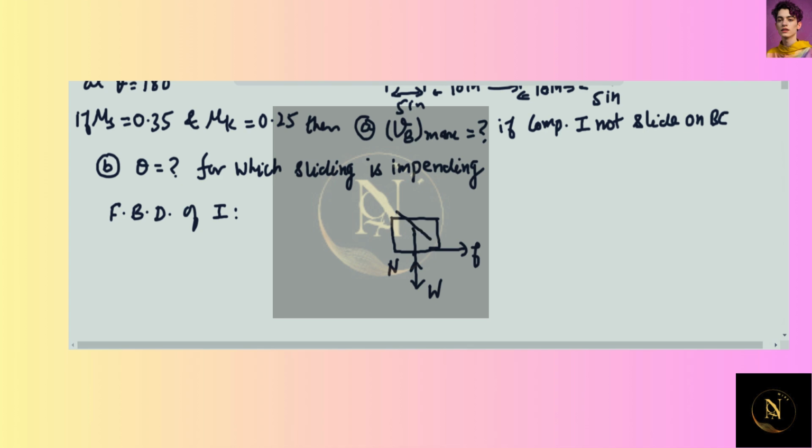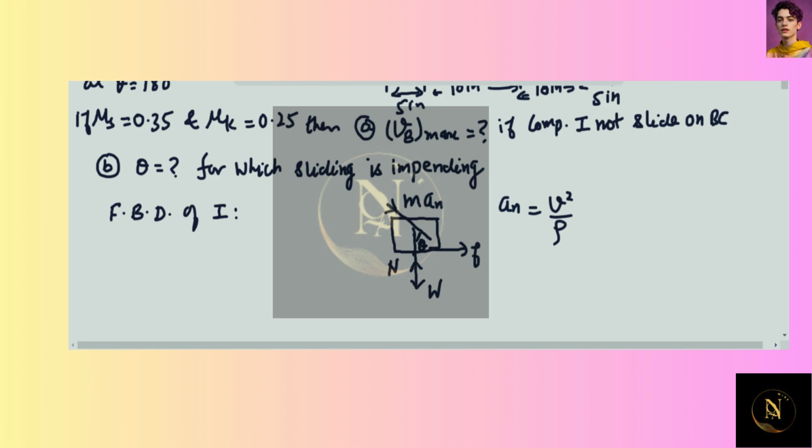And having normal force m into an in this direction, and here normal acceleration is v square by rho. This is angle theta. It varies.